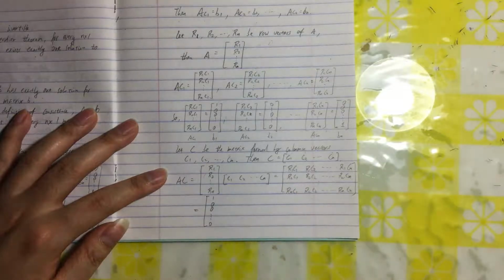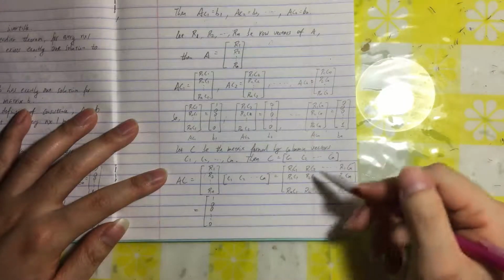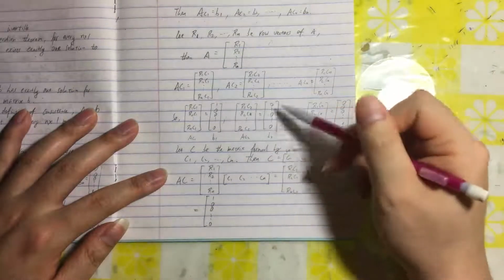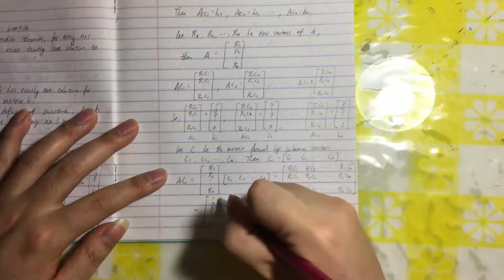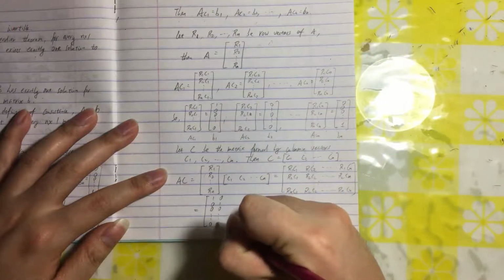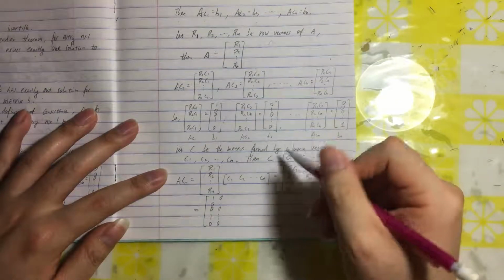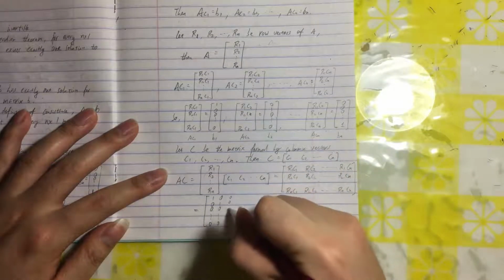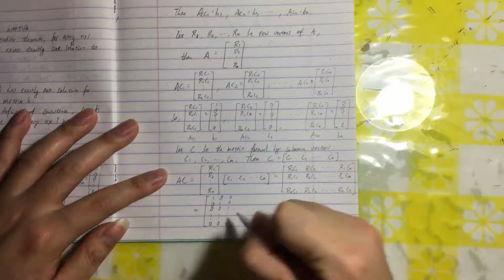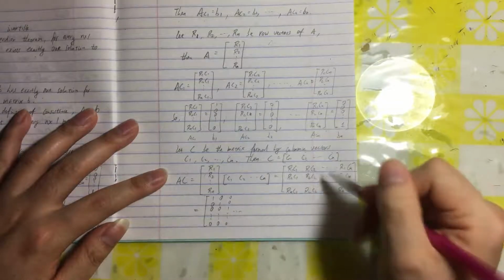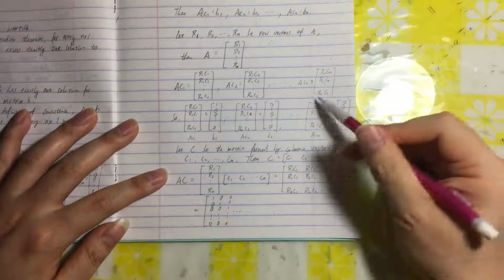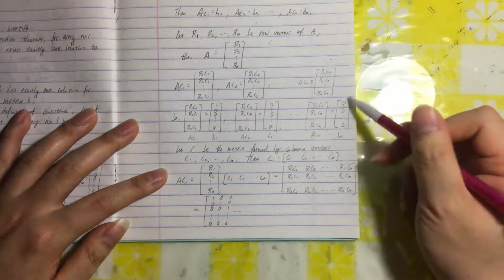That's the first column. What's the second column? Second column has 0 everywhere, 1 in the second place. And similarly, the third column is B3, which has 1 in the third place, 0 everywhere. And the last column is a column vector that has 1 in the last place, 0 everywhere.